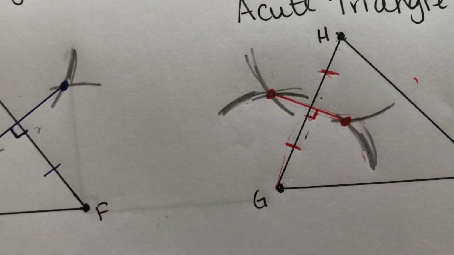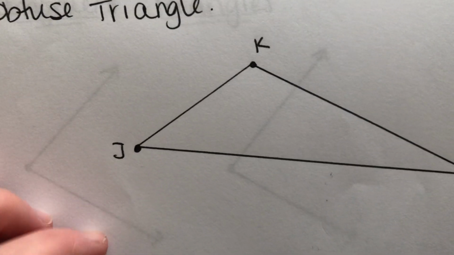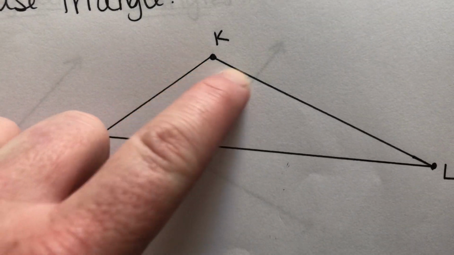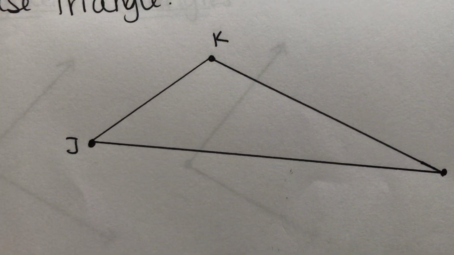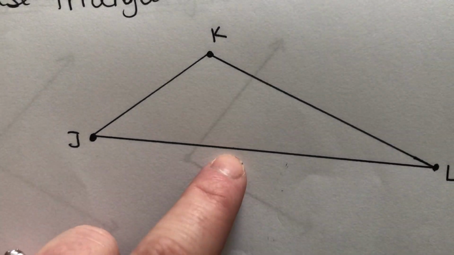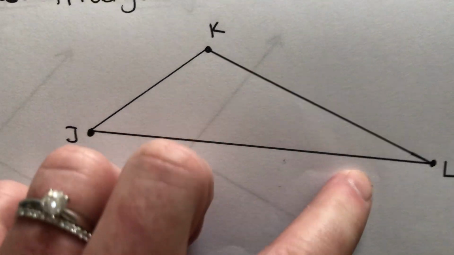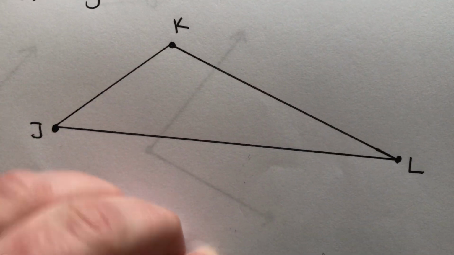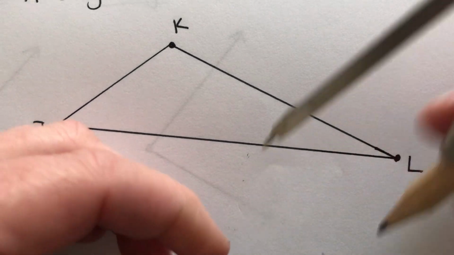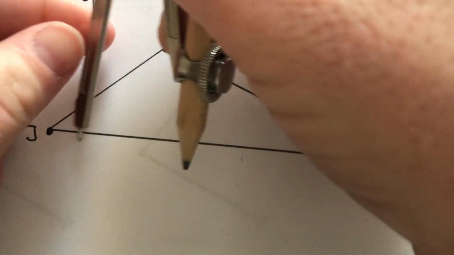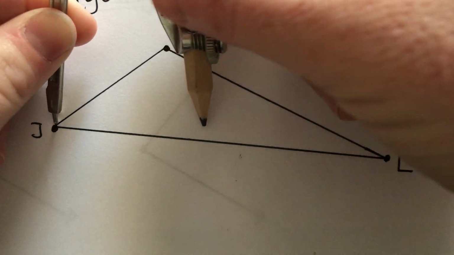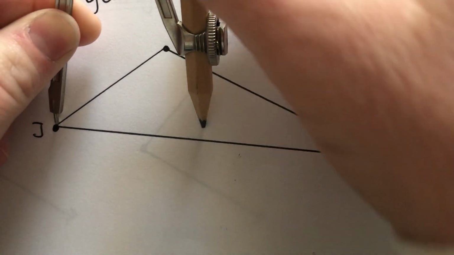Okay, and then last one is an obtuse triangle, where one of my angles is a big fat more than 90-degree angle, right? And let's look at, just for the heck of it, line JL. That's going to create a real big arc, but that's okay. All right, so I want to make sure before I start drawing anything that my compass is opened up what I think is more than halfway.